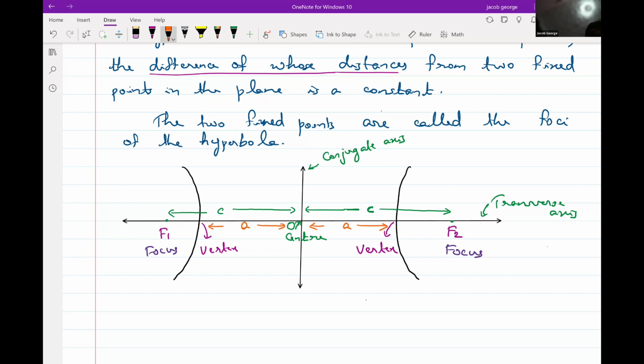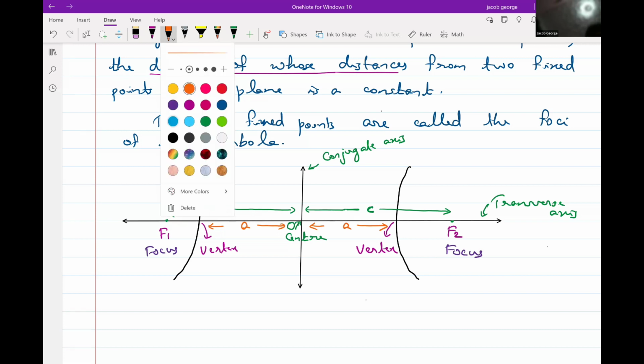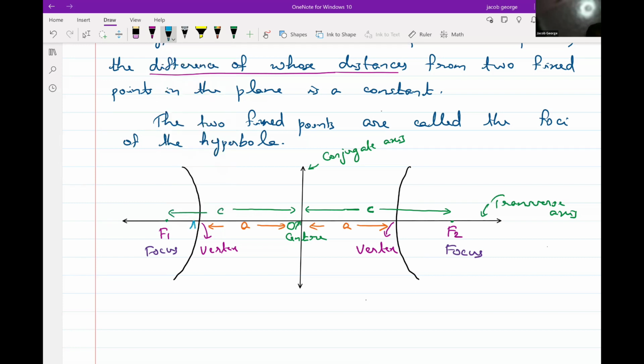I name capital A and capital B here the vertices, so that the distance AB is 2a. A and B are the vertices. So AB is considered the length of transverse axis. Length of transverse axis is 2a.